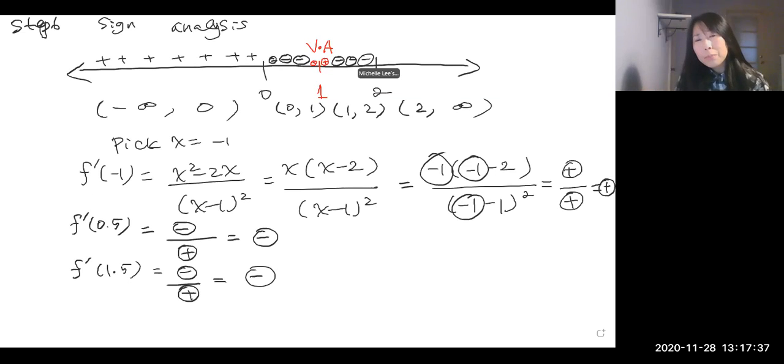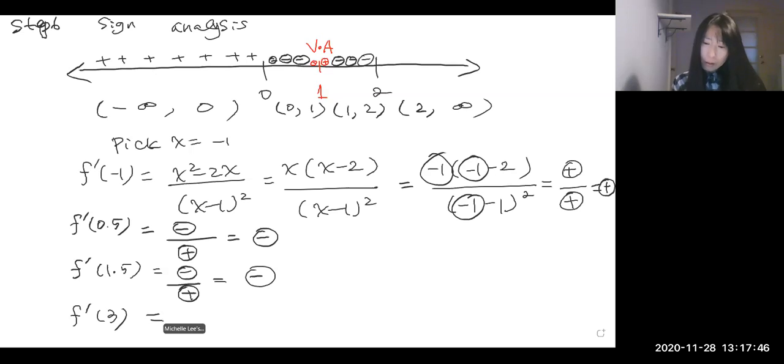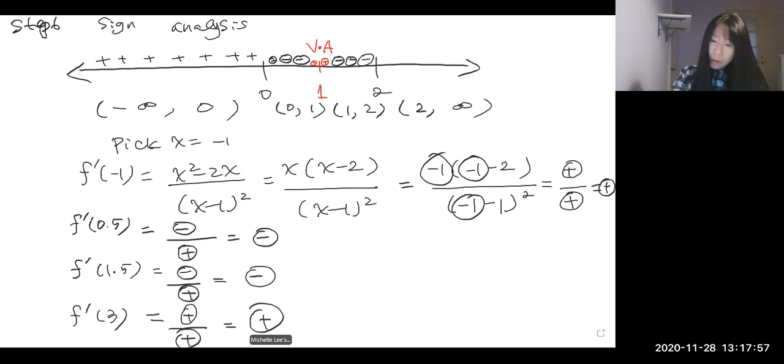What do you want to pick between 2 and infinity? Let's pick 3. Then with 3, positive, positive, so it's positive.